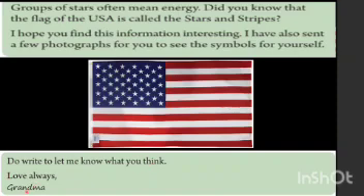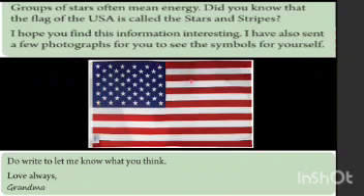Love always, Grandma. So the flag of the United States of America has stars and stripes on it. Stars mean energy, and here they represent the number of states in the country.